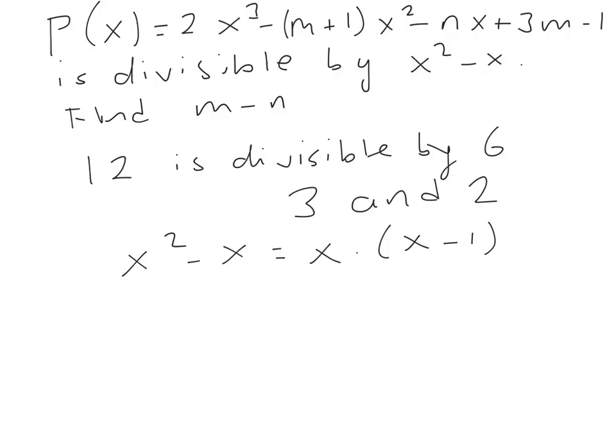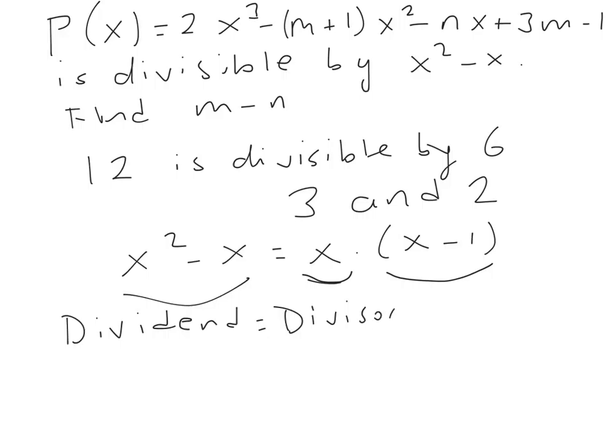If a polynomial is divisible by x squared minus x, then it must be divisible by x, and it must be divisible by x minus 1. Let's remember the division: dividend is divisor times quotient plus the remainder.